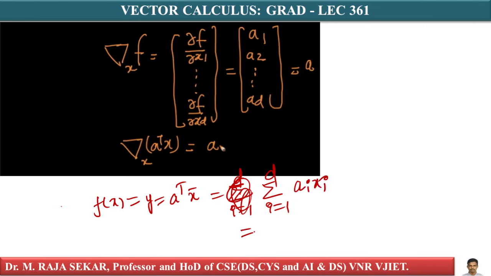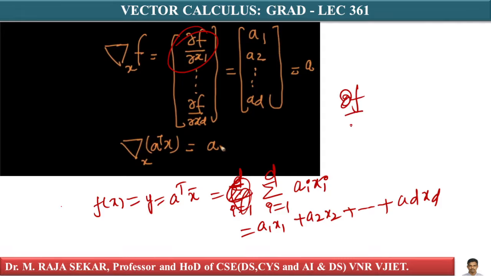I can write it as a1 x1 plus a2 x2 plus and so on up to ad xd. Now what is my dou f by dou x1? I am differentiating f with respect to x1 partially. If I differentiate this with respect to x1, x1 with respect to x1 is 1, so I will get a1, and all other terms are constants.